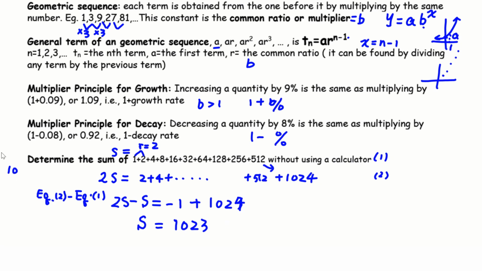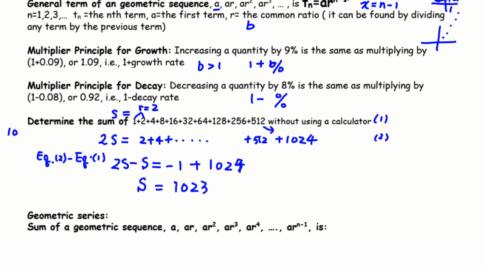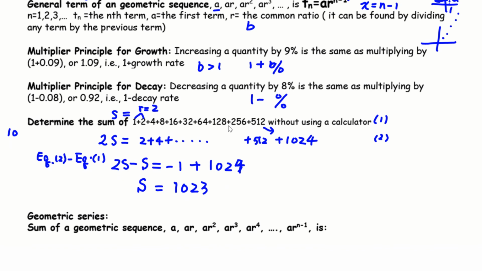It doesn't matter how many terms there are. If we multiply r by S, you will find that the first term and the last term times r will be left. Then rS minus S equals negative a plus a times r to the exponent n.